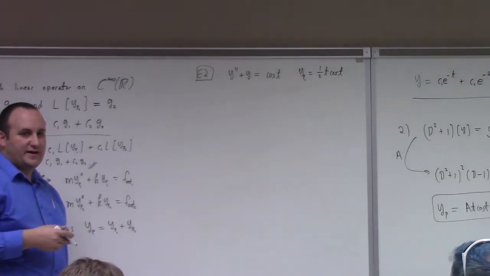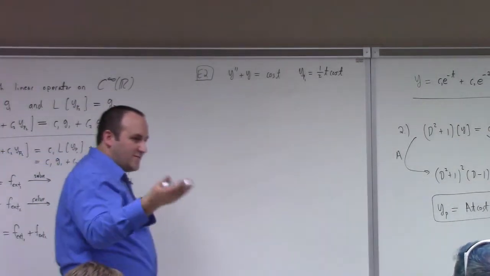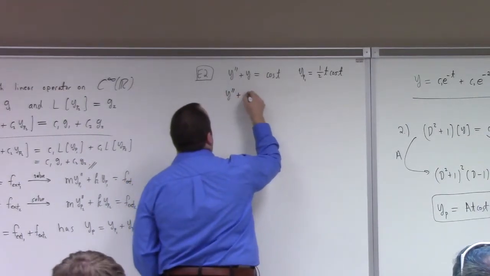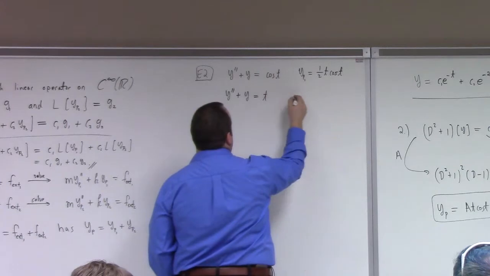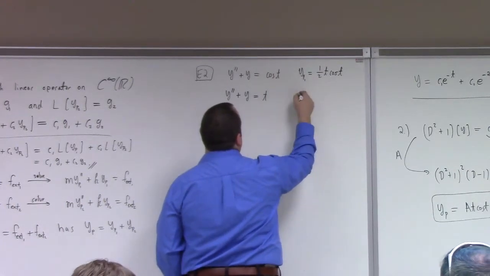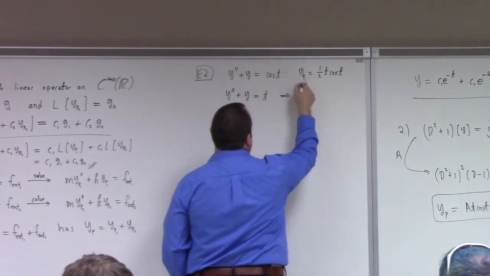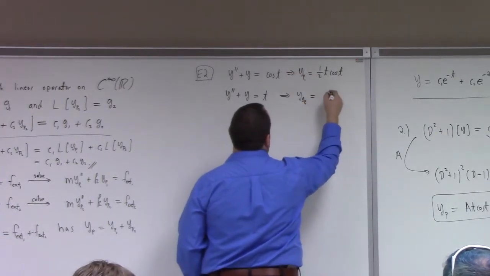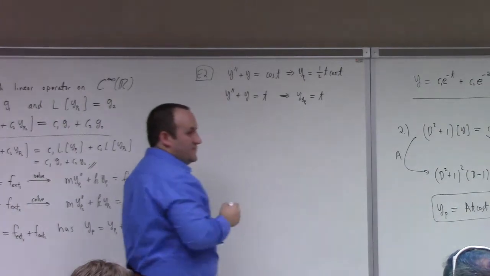I can't remember what we worked out. Suppose I'm right. On the other hand, if I wanted to solve y'' plus y equals t, what would I use? t. I can do that one in my head.